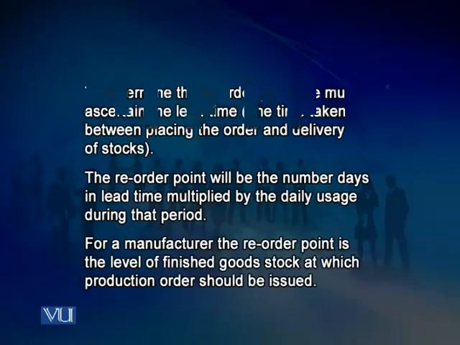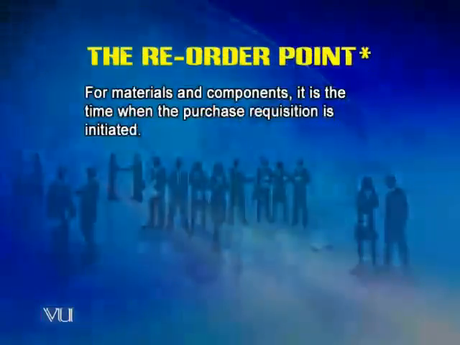In other words, he has to start the next run. So his reordering is basically in terms of the production run. When should he start the next production? So production order represents for him the reorder point. And that's again going to be calculated by reference to the lead times and the inventory in stock and the daily usage and consumption and so forth.